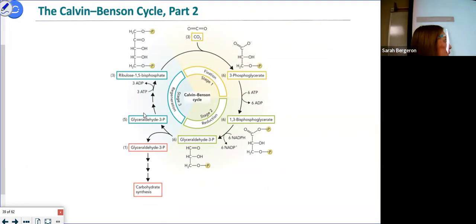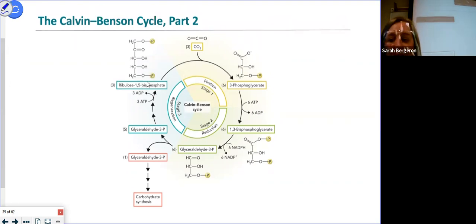So if you can kind of count the carbons and keep track of the carbons, you'll understand what's going on. So the substrate that's going to be a product of the Calvin-Benson cycle that is also one of those initial substrates is called ribulose 1,5-bisphosphate. So if you look at this molecule, how many carbons are in ribulose 1,5-bisphosphate?